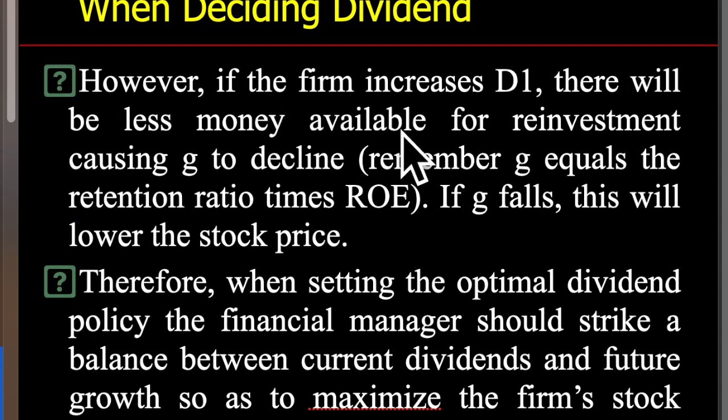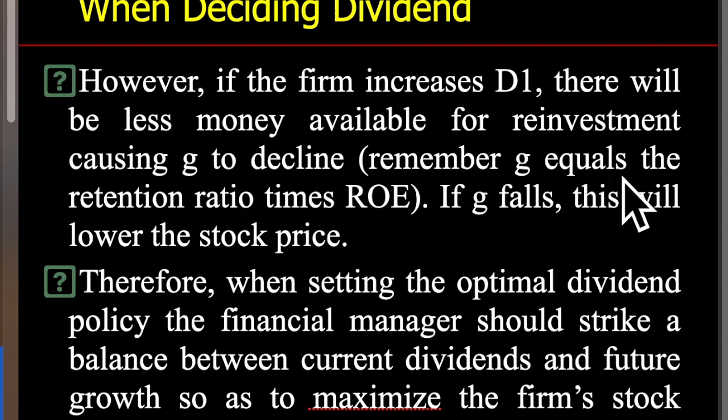Okay, so when deciding dividend, however, if the firm increases dividend one, there will be less money available for reinvesting. That means they have given out money to shareholders, they have less money to reinvest. They have less money to increase their investment options. They have less money to expand the company. So if that falls, this will lower their stock price, causing the growth rate to decline.